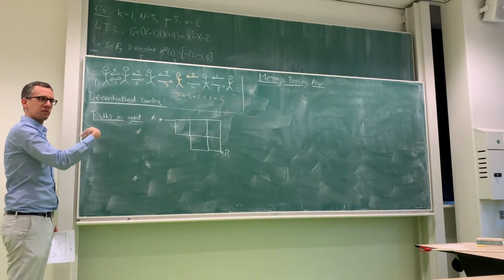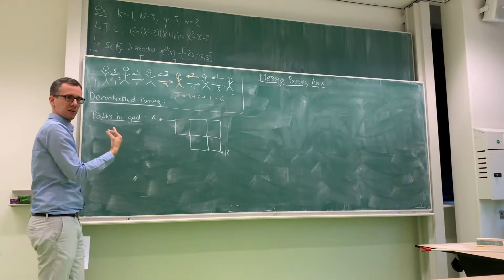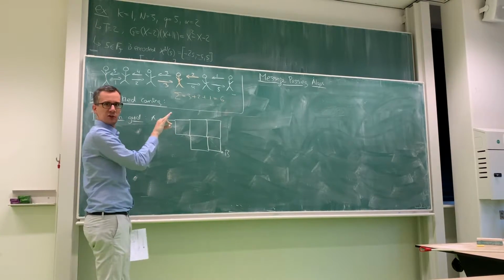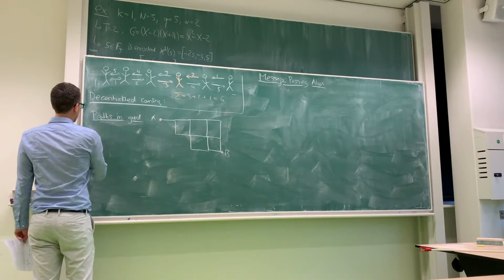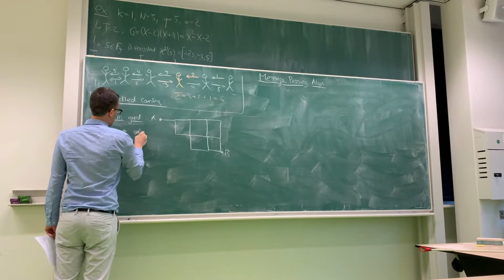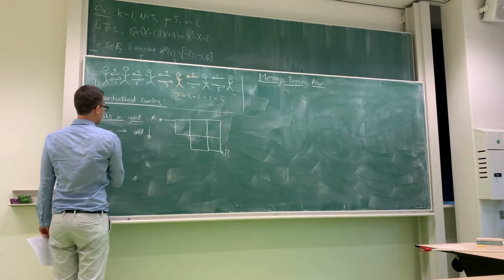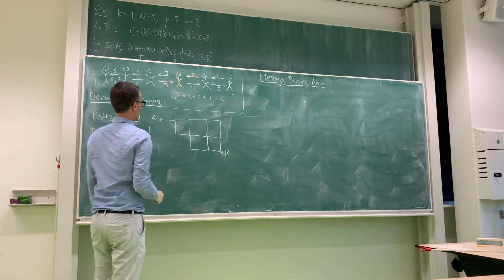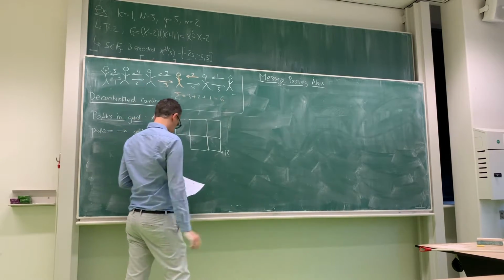I will never move to the left or upstairs. So particularly no path will have a cycle. So paths are combinations of go to the right and go down. And these are the nodes on this graph.